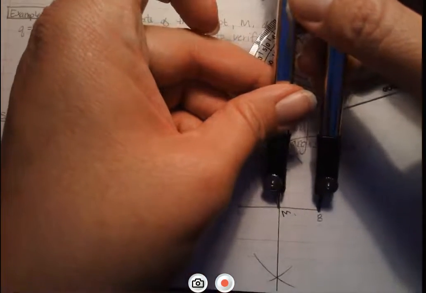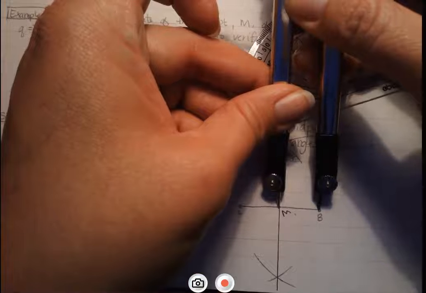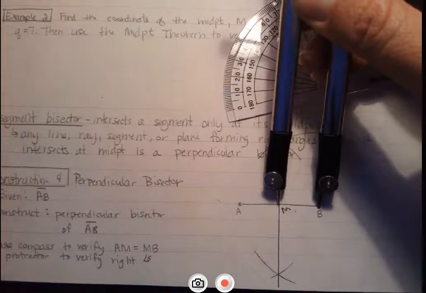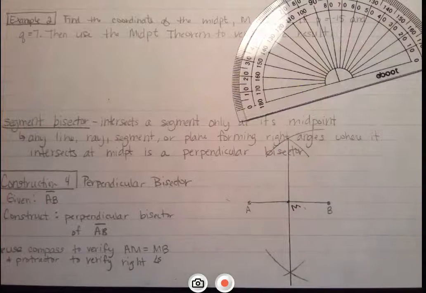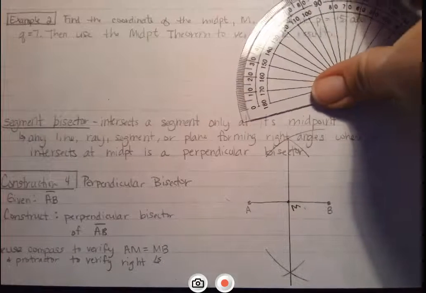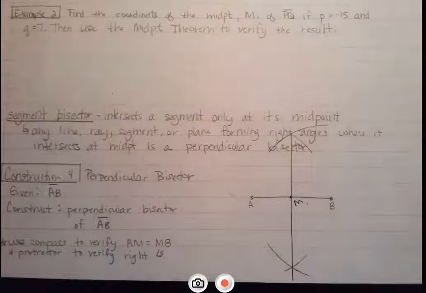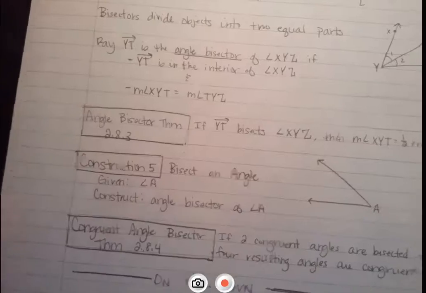Okay, so mine's right there, and then if I flip it over to the other side, it's right there. So they are congruent, or equal. The measures are equal. It's just a cool way to measure things without actually measuring with a ruler. Like we always think about how we measure stuff, right? Like using circles to make straight lines. Say what? Kind of crazy. All right, let's flip it over.